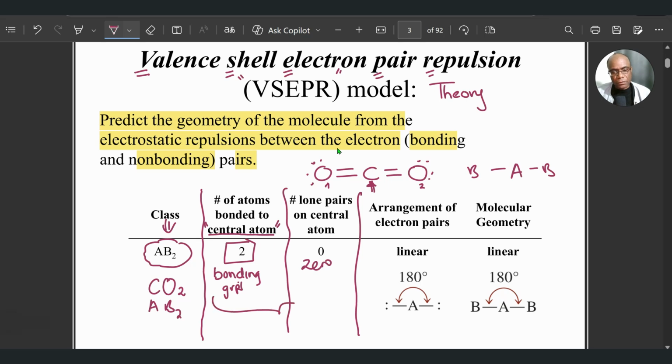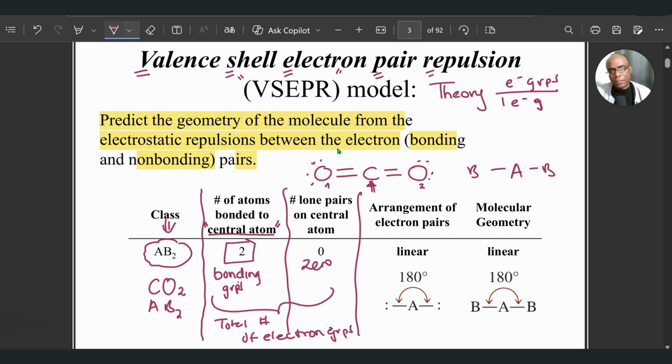And therefore, these two are going to give you the total number of electron groups. So the total number of electron groups will be equal to the number of atoms bonded to the central atom plus the number of lone pairs of electrons on the central atom. But we can also define electron groups in a different way.